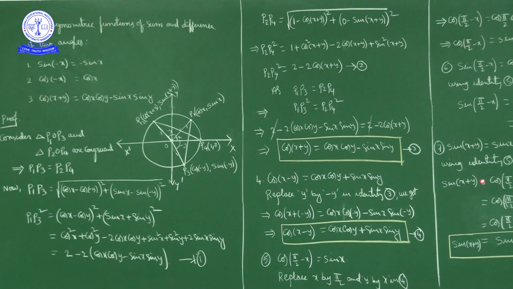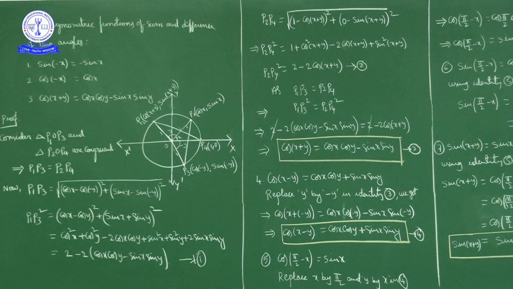So pi by 2 minus of x plus y is nothing but pi by 2 minus x minus y, so cos of pi by 2 minus x minus y.